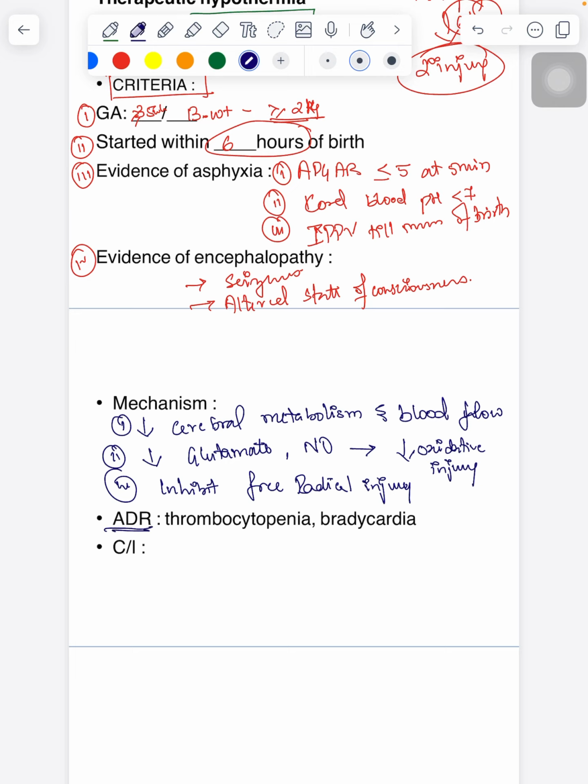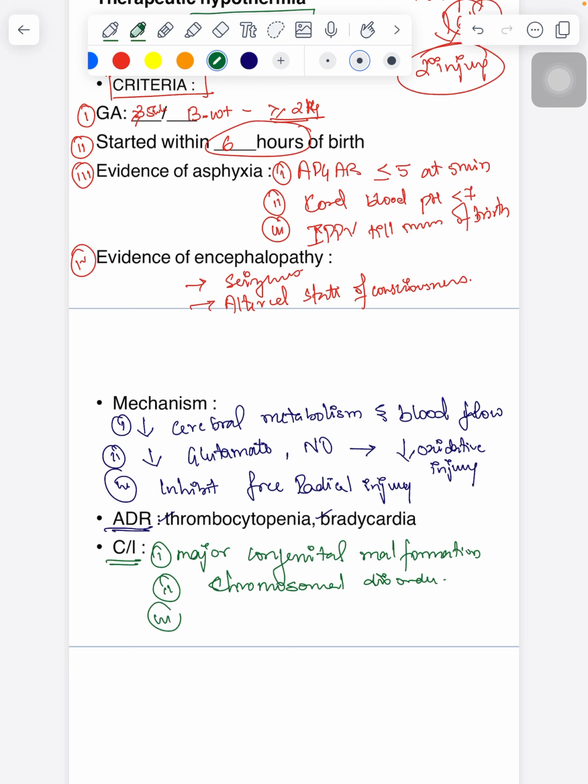The adverse effects of therapeutic hypothermia are thrombocytopenia and bradycardia, so you have to monitor for these two. Next, the contraindications: in which child will you not give therapeutic hypothermia? When the child has a major congenital malformation, or any suspected or known chromosomal disorder.